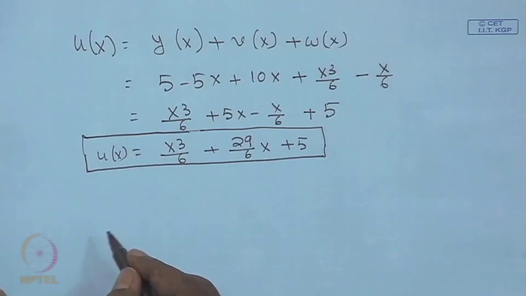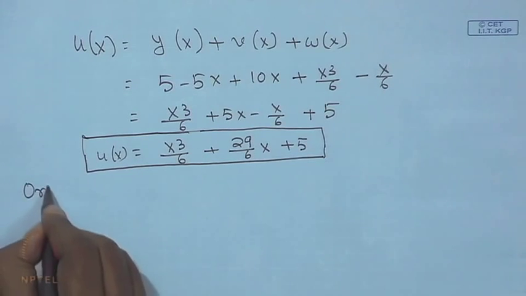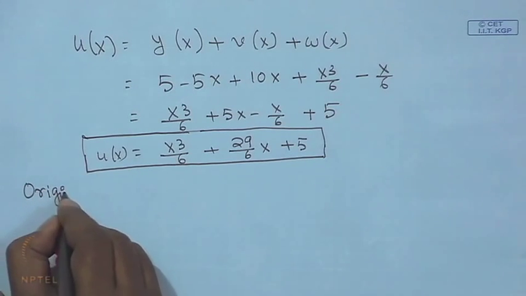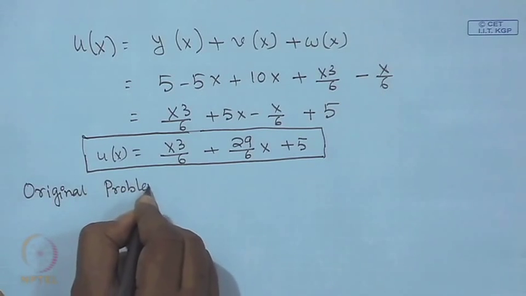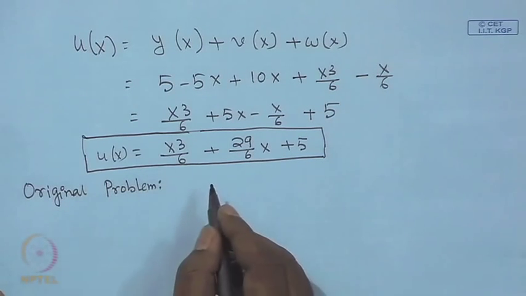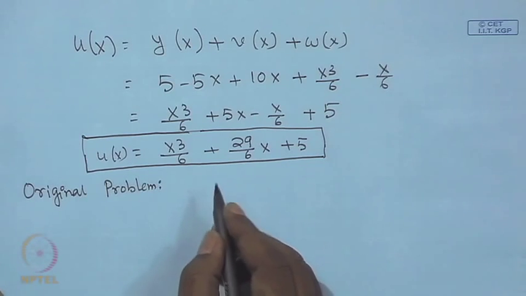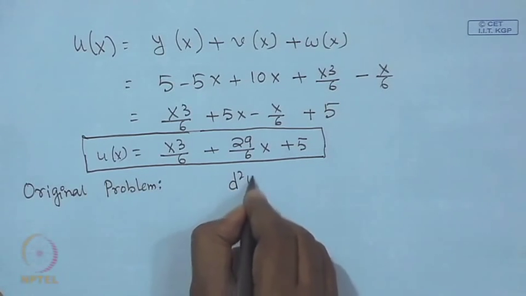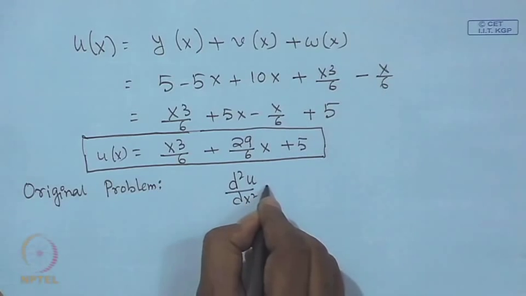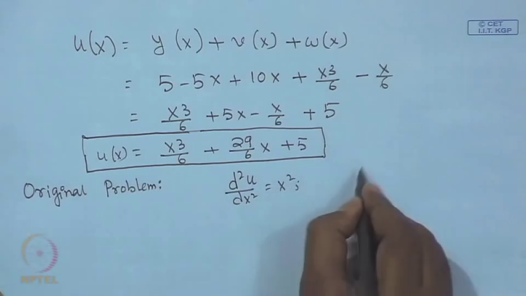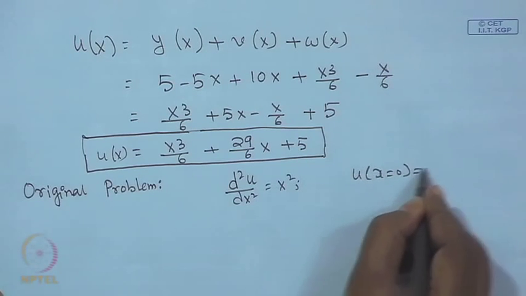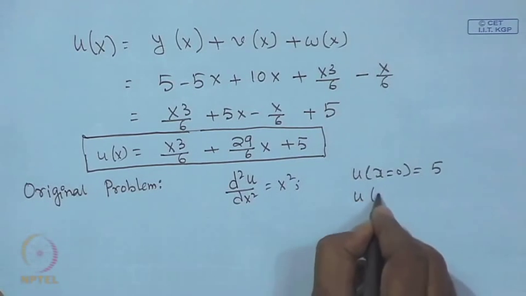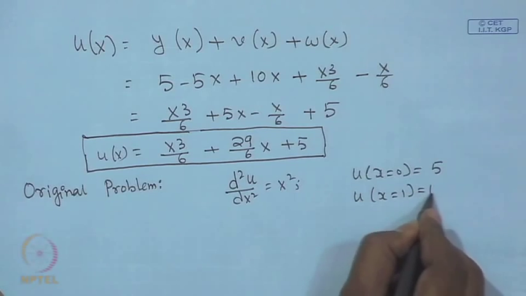Now, if you look into the original problem, the original problem was d square u dx square is equal to x, subject to u at x is equal to 0 is equal to 5 and u at x is equal to 1 is equal to 10.